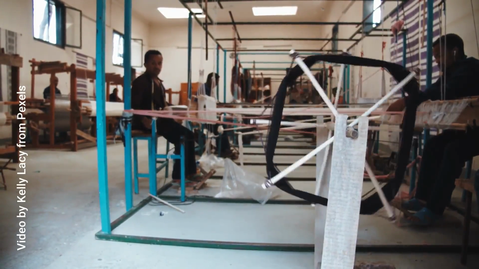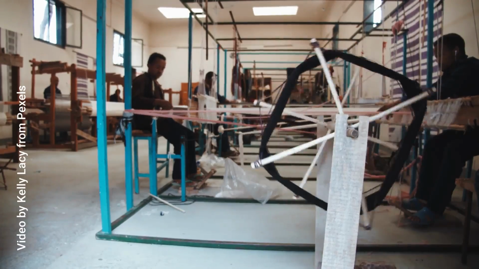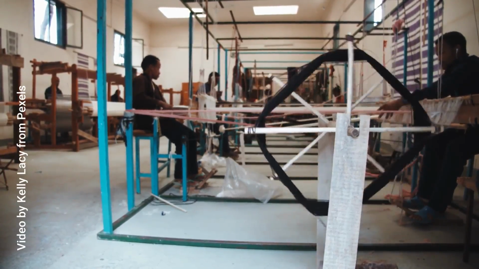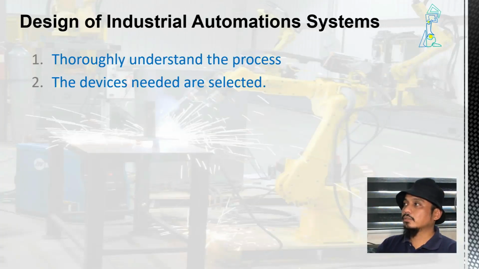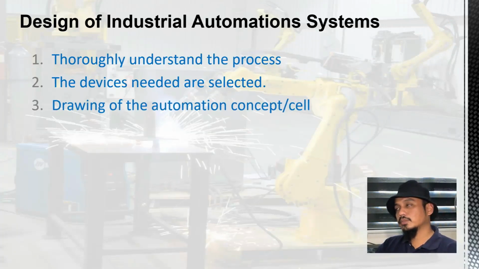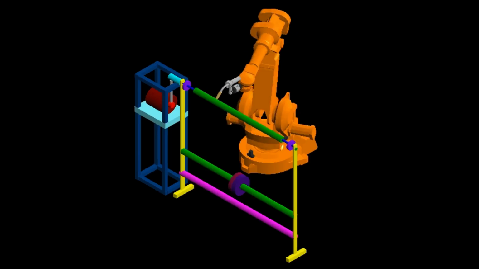And the second one, after we understand the process and know which part we want to automate, we start selecting the devices. And then we proceed with the drawing of the automation concepts and cells, for which we have several tools we can use.